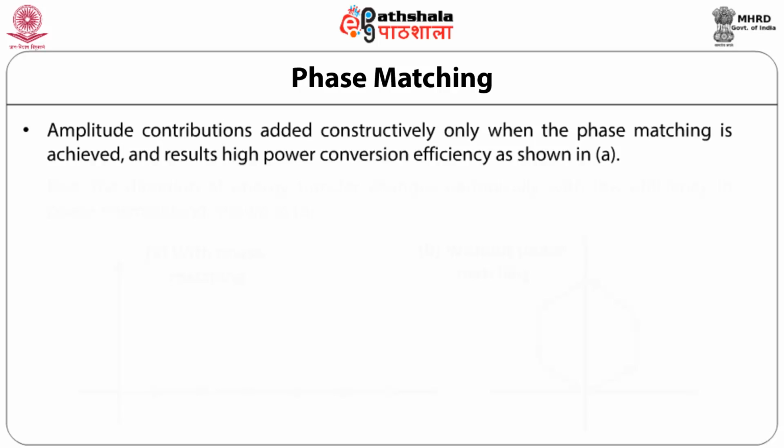Without chromatic dispersion, k2 is equal to 2k1 would hold, so that the phase mismatch vanishes.